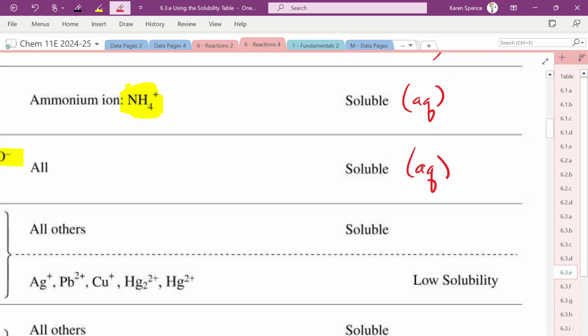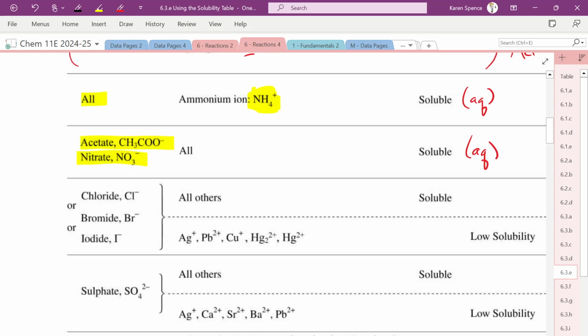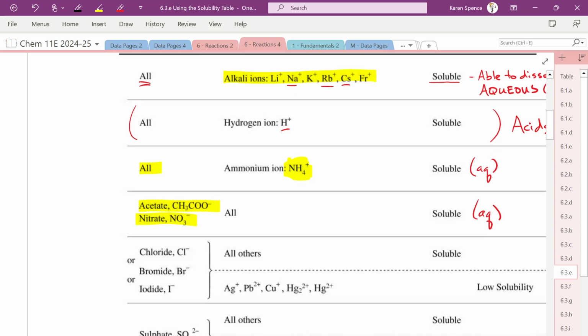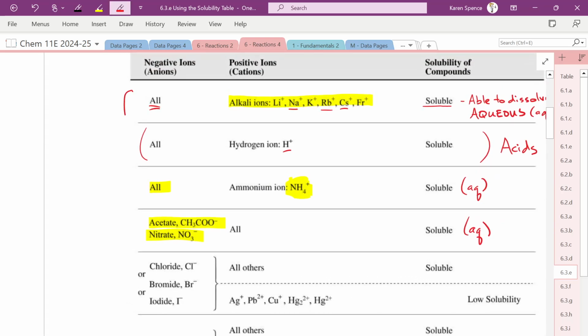Nitrates, also always soluble. Copper 1 nitrate, soluble. Copper 2 nitrate, soluble. Manganese 3 nitrate, soluble. Yes? Okay. So now we have hit all of the always soluble ones. Okay, so all of these up here, these are always soluble.